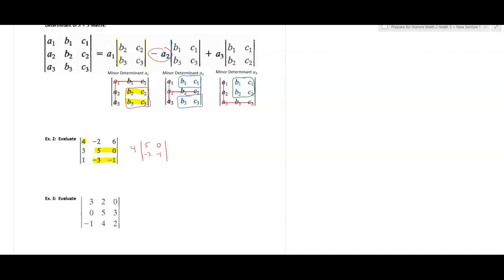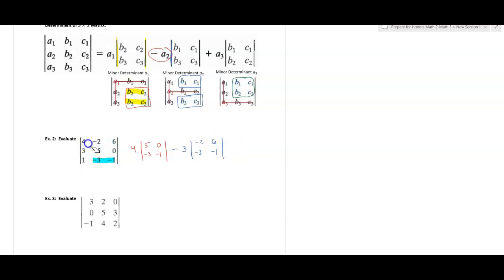I'm going to erase this so we can see where it comes from. So now I'm going to go with this element times the determinant of this matrix. So we're going to go minus 3 times the determinant of negative 2, 6, negative 3, negative 1.